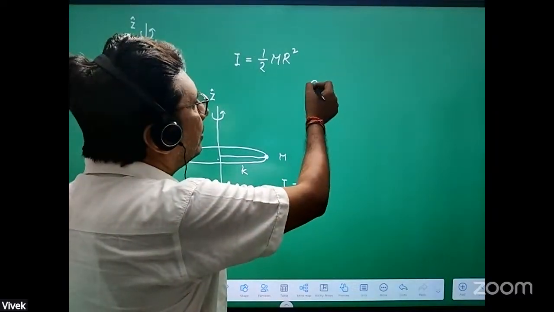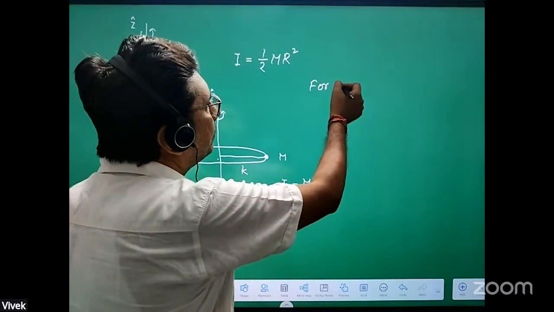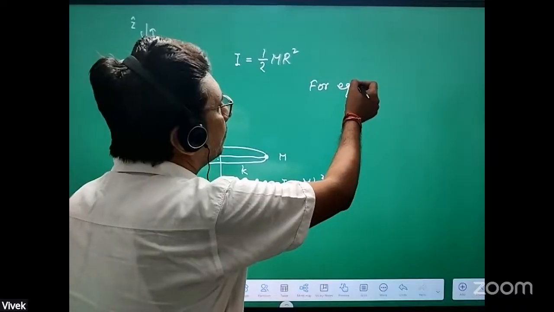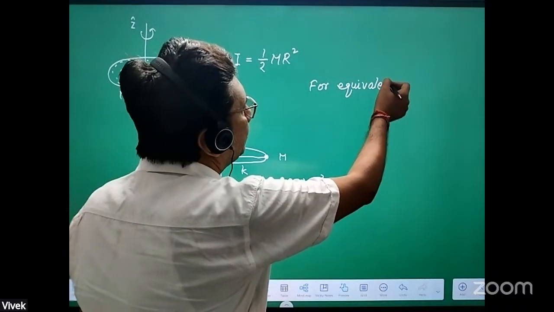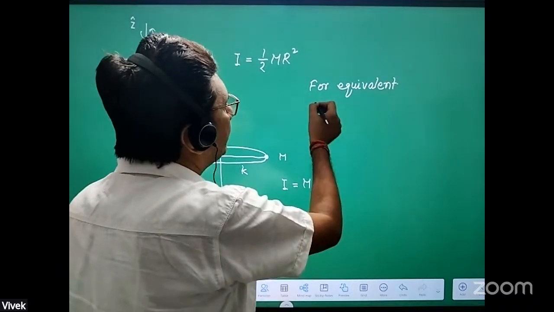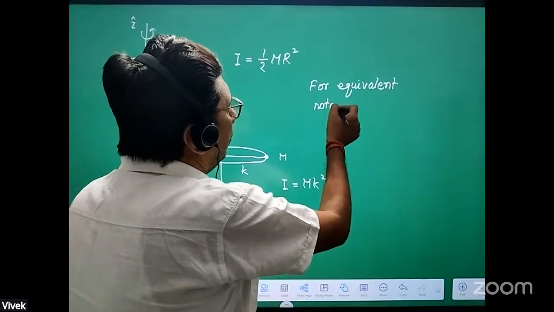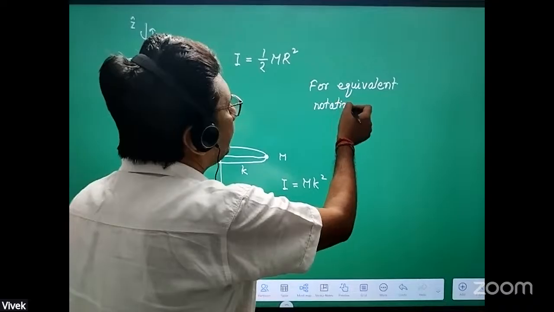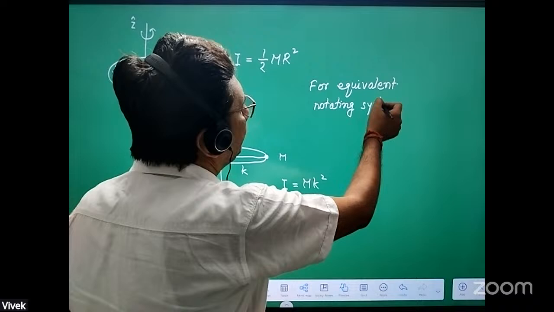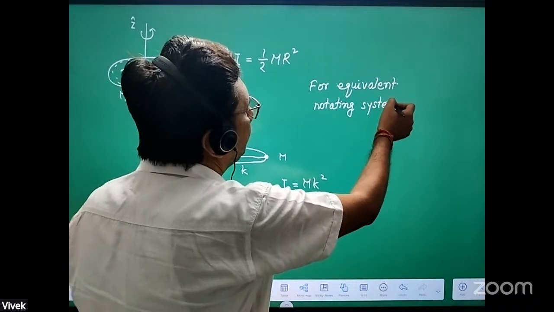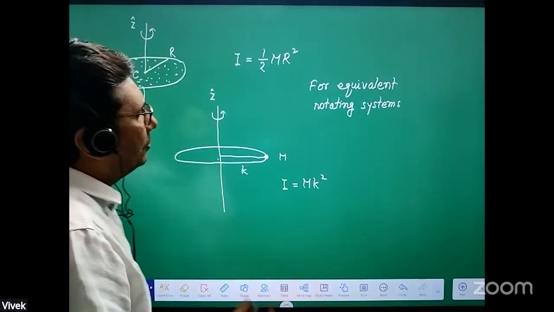So for equivalent rotating systems, their moment of inertia should be equal.